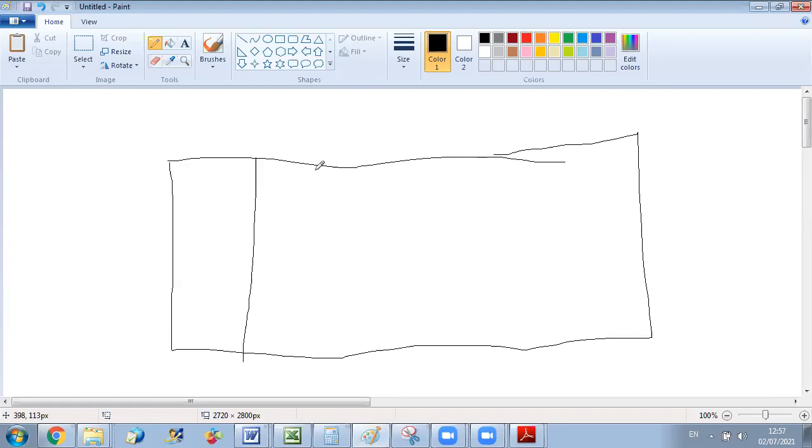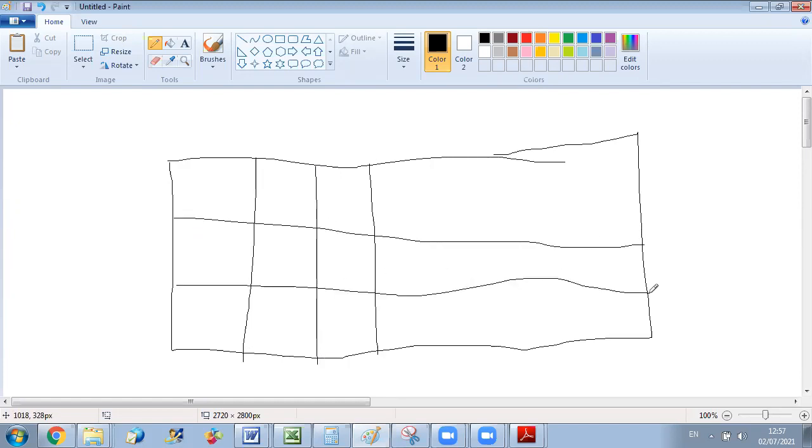I put a table like this. Let's say I have 3 by 3. I put the elements of my matrix, so 1, 3, 2, I fill it. Here, in this column, I don't put anything.